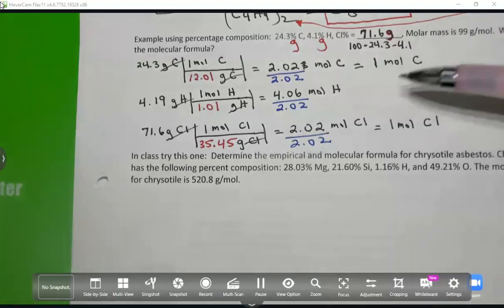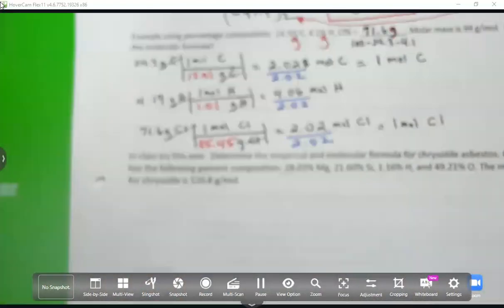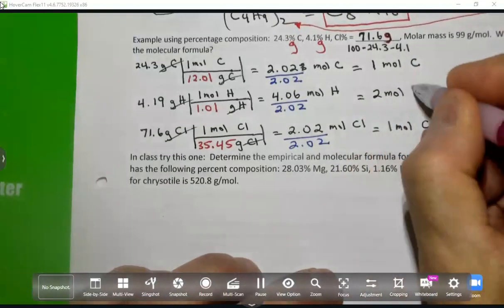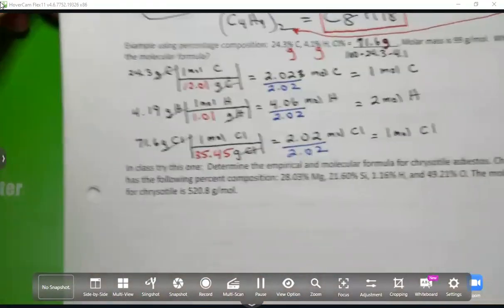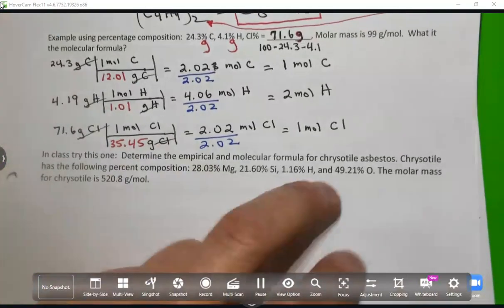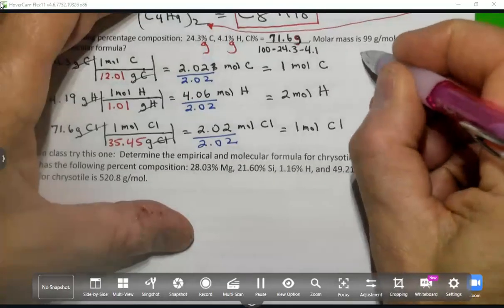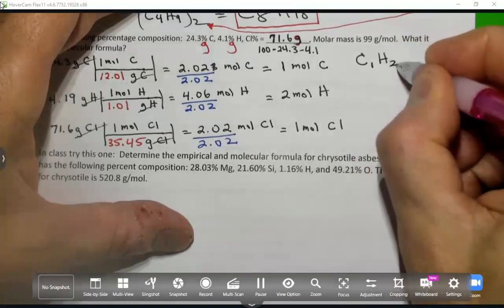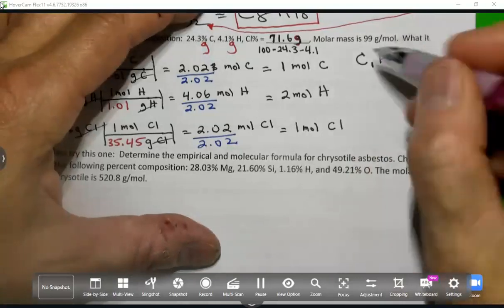You'll know if it comes out to be like a 1.5 or a 1.33. This comes out to be 2.00 or 2.01, but this is 2. So here we have so far 1 carbon, 2 hydrogens, and 1 chlorine.